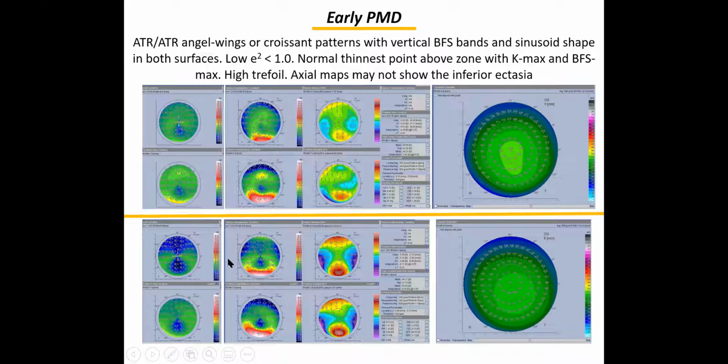This is another case with an apparently normal axial map, but in the tangential it is evidently already pathologic. You can see that the pachymetry is within normal range, but there is a thinning. The lower hemisphere is thinner than the upper hemisphere.